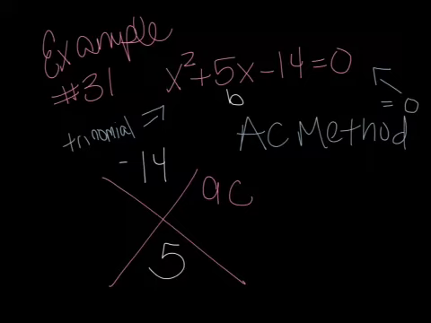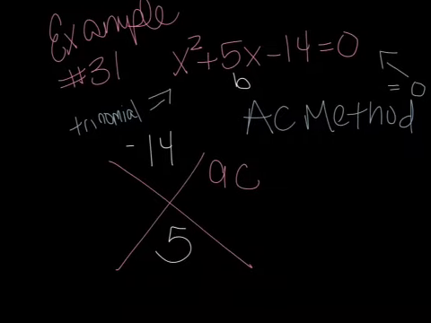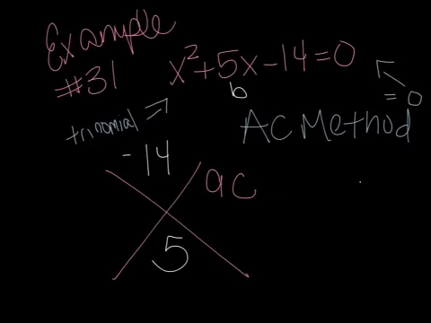Now that we've written our A and C and B values, we want to find two numbers that both multiply to negative 14 and add to positive 5. I'll find these two numbers by writing out the factors of 14. So we know that 1 and 14 is a factor.